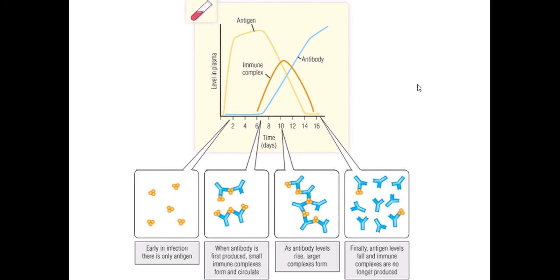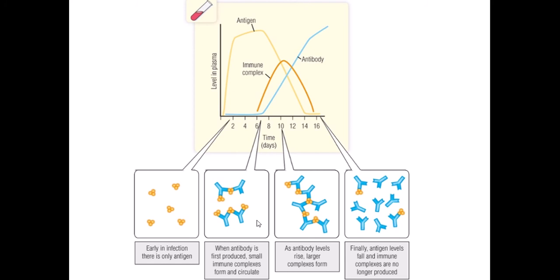So in the type 3 hypersensitivity reaction, where we have an immune complex disease, usually the severity of the reaction depends on the amount of immune complexes that will develop, and how much immune complex is present depends on the amount of antibody as well as the amount of the antigen.